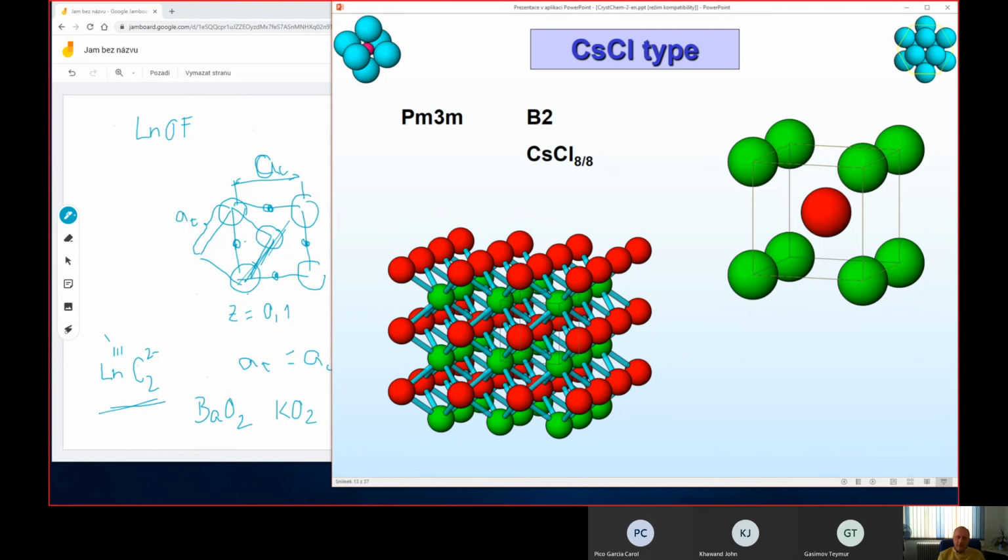Then the cesium chloride structure is also very frequent, and many other structures can be derived from it. It is typified by a relatively high coordination number, so ionic compounds with a large cation crystallize in this structure type, like cesium chloride. But we could also place a molecular cation on the large cation position.